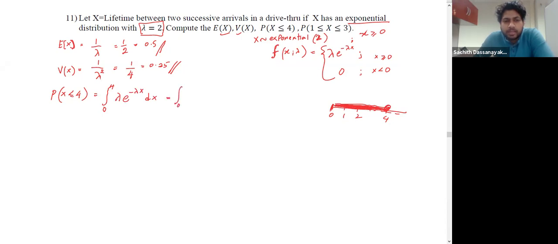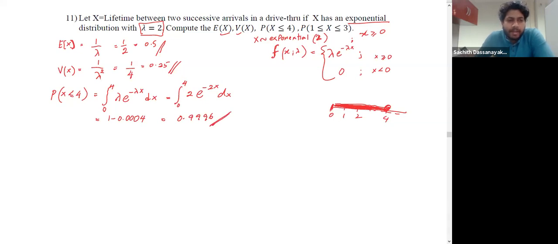Plug in the values: lambda is 2, so 2 e to the power negative 2x dx. Simplify this and you will get 1 minus 0.0003, so the answer is going to be 0.9996.